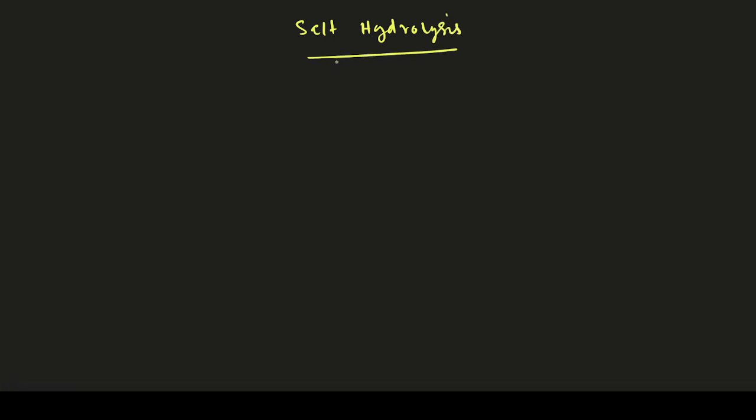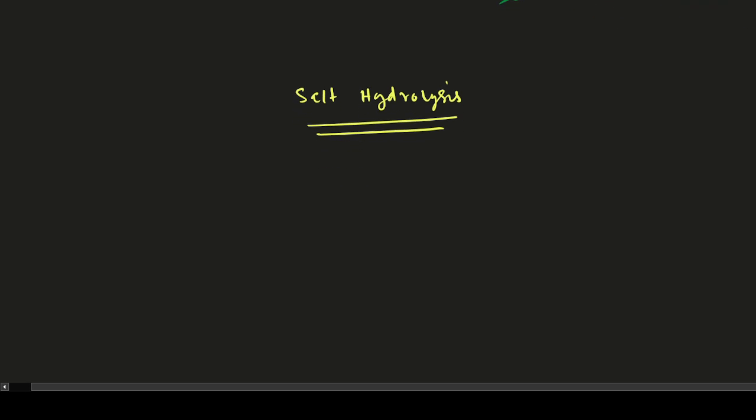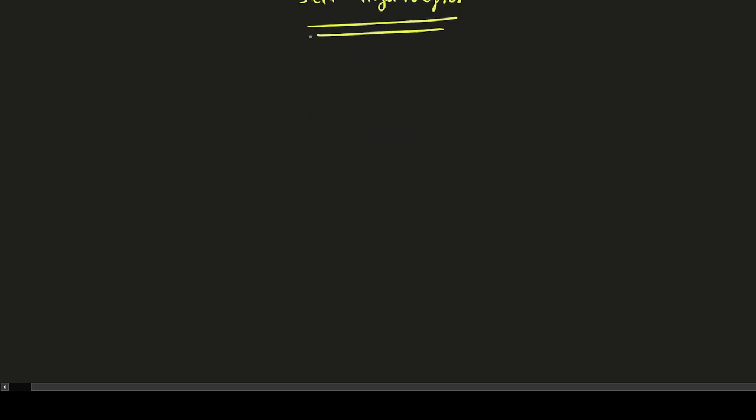So the next topic is salt hydrolysis. Salt means, you know, it is made from a weak acid plus a strong base, and then we get a salt, that is, a salt of a weak acid and strong base.